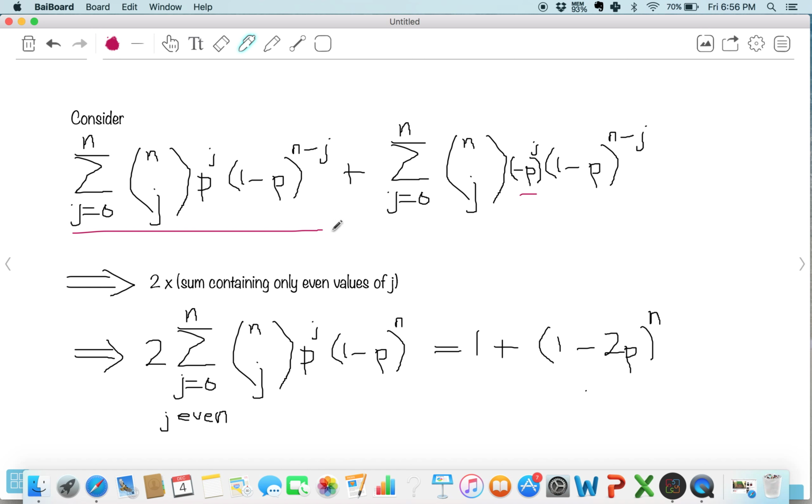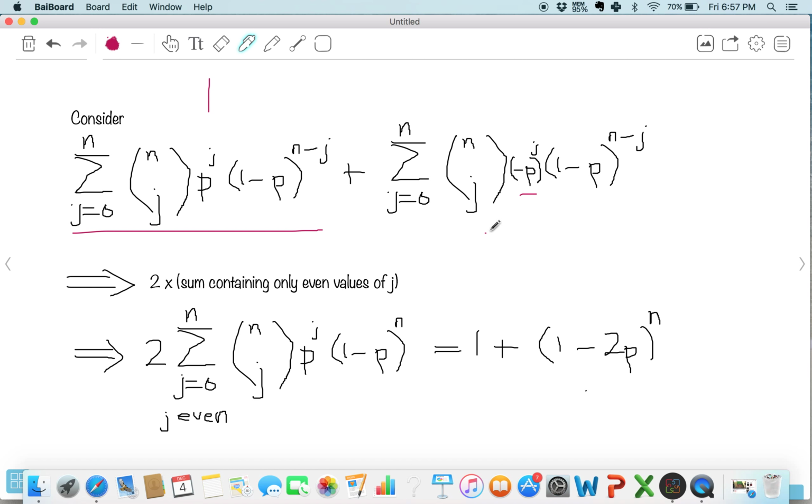So if we add them both, then we will see that even terms will add up and odd terms will cancel out. Okay, so then this becomes 2 times the sum containing only even values of j. So which means that this guy is equal to what? This guy is equal to 1, as we have already seen, and this guy is equal to what?